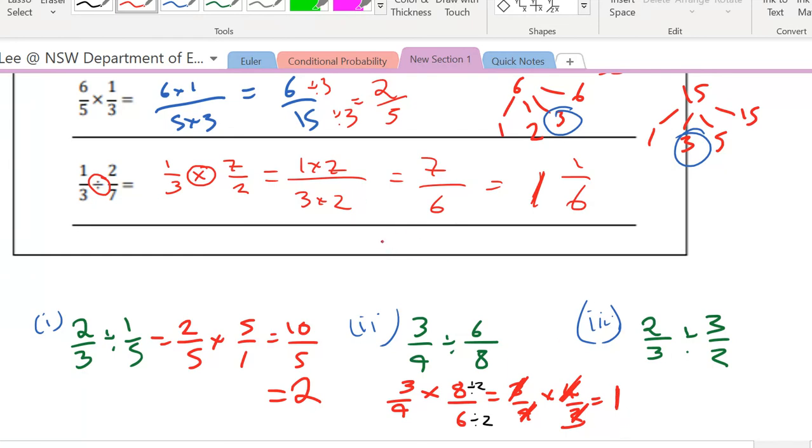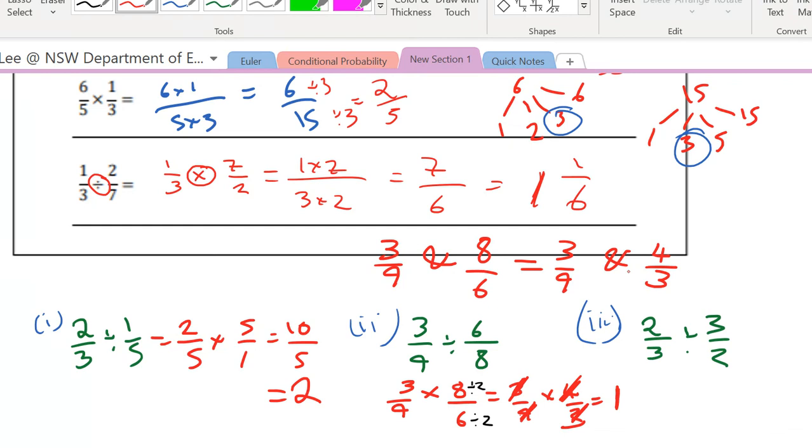And if you notice, 3/4 and 8/6, 3/4 and 4/3, if we divide those, we are just going to get 1, because they are the same fraction, they're equivalent fractions.